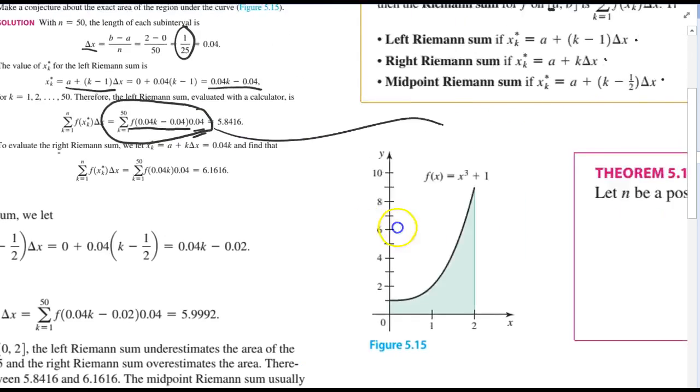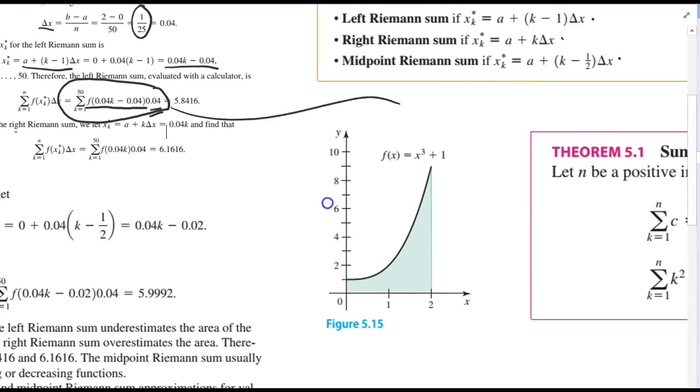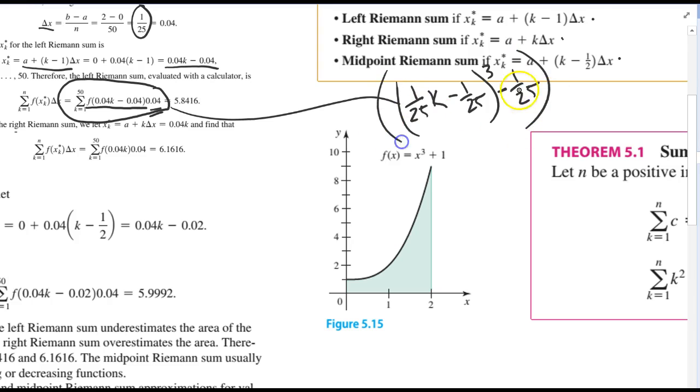It's not very pretty because of the 1 over 25, but really we have 1 over 25k minus 1 over 25 to the third power minus 1 over 25 all times 1 over 25. We're going to take the summation of k equals 1 to 50.